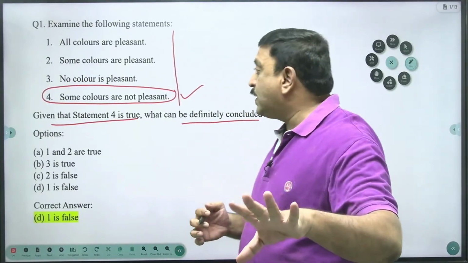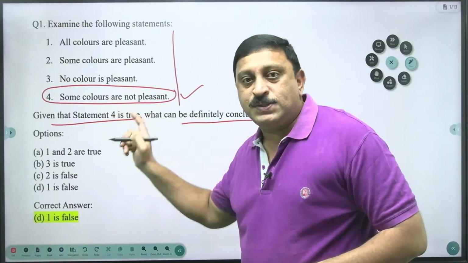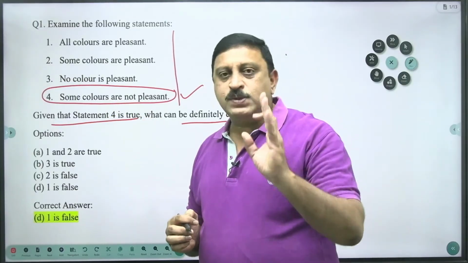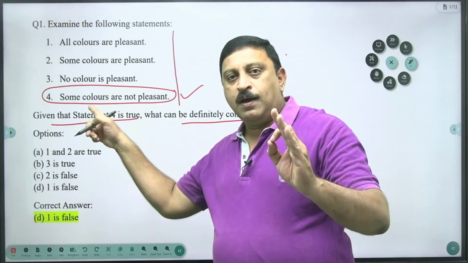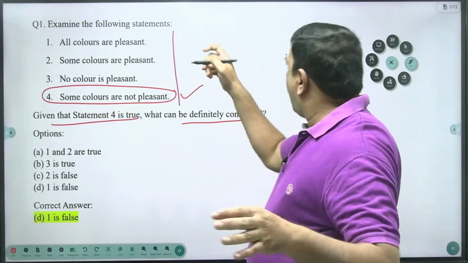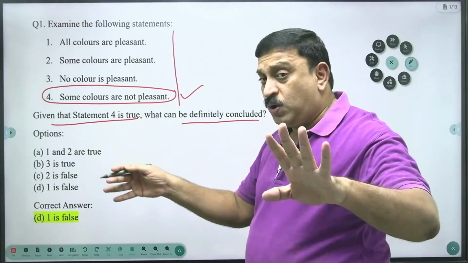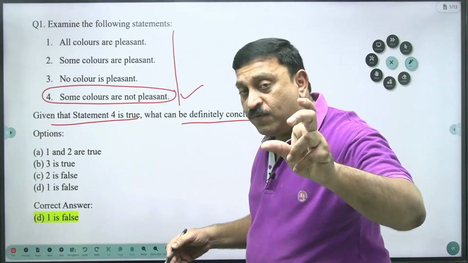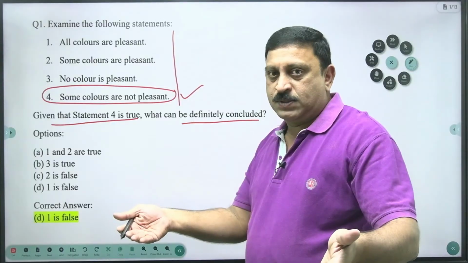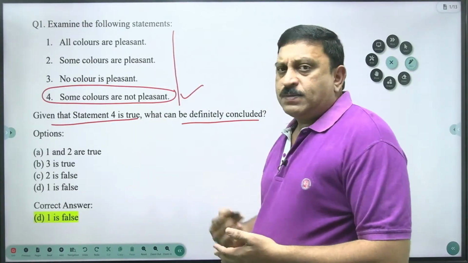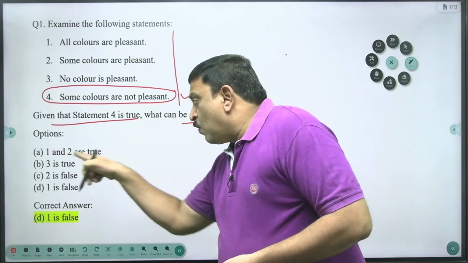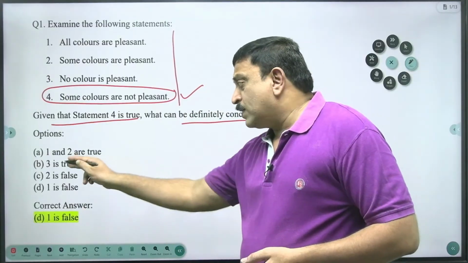But the point is here it is a "some not" statement which they have used, that is what UPSC does. So how will you generally get the answer? You won't get it unless your basic concepts are very clear. Some people might say 1 and 2 are true, or 1 is false and 3 is true.